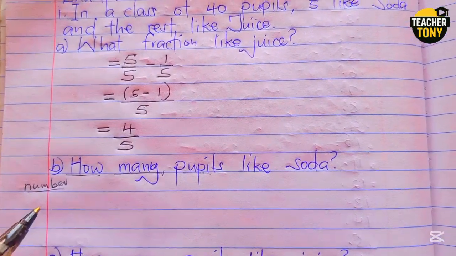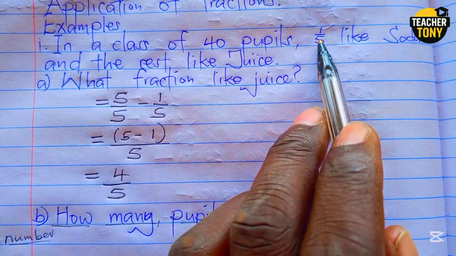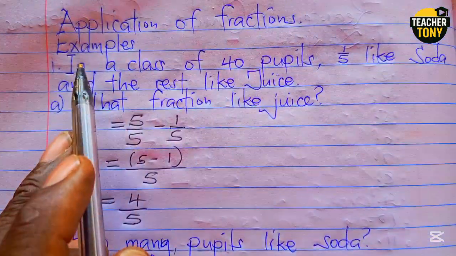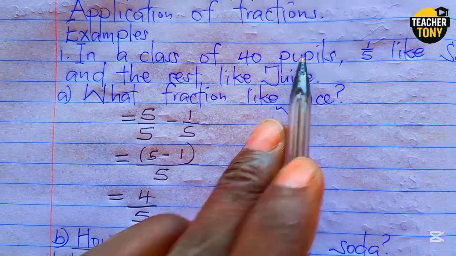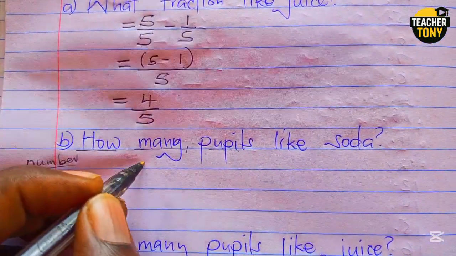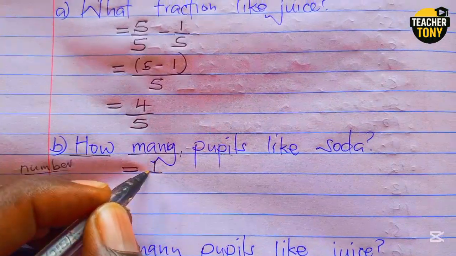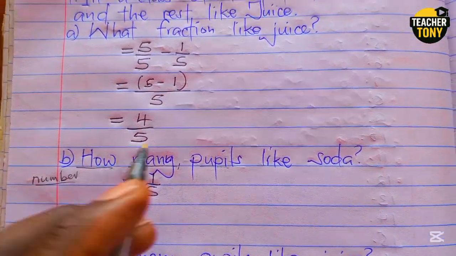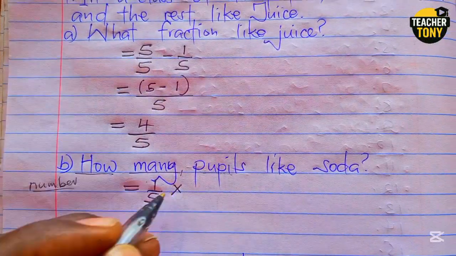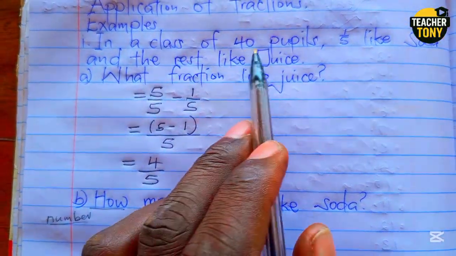So what do we do? We use the fraction of those who like soda. Then we multiply times the total number of people in the class, because they are saying in a class of 40 people. So we shall use that. How many like soda? Let's do it. It will be equal to 1 out of 5, the fraction of those who like soda, multiplied by the number of pupils in the whole class, which is 40.